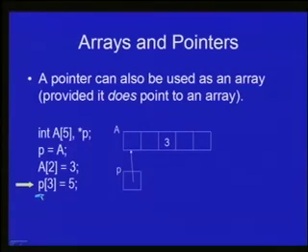So when p[3] is assigned 5, that would be the same as a matter of fact as a[3] assigned 5, because p and A are synonymous in the sense that the value of the variable p is nothing but the starting address of the array A. So when p[3] assigned 5 is executed, the third element of the array A is assigned the value 5. This will become hopefully more clear using more examples that we'll see as the lecture progresses.